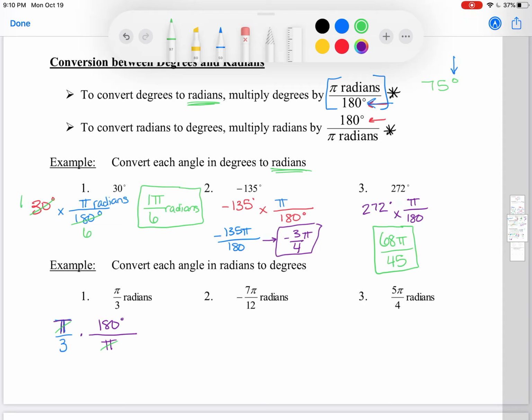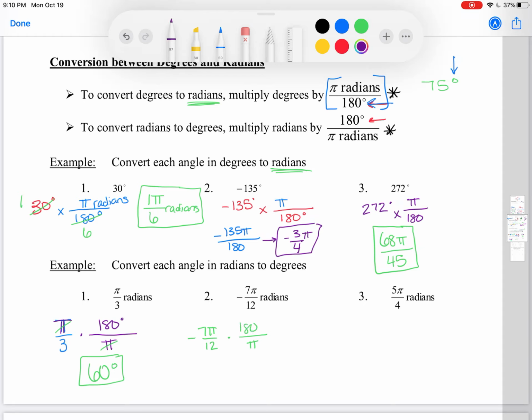And then in order to keep it the same sort of function, we want to put it with 180 degrees up above. If I do the math, my pi's cancel. 180 divided by 3 is going to give me 60. And this time, of course, I converted it into degrees. So I will have 60 degrees.